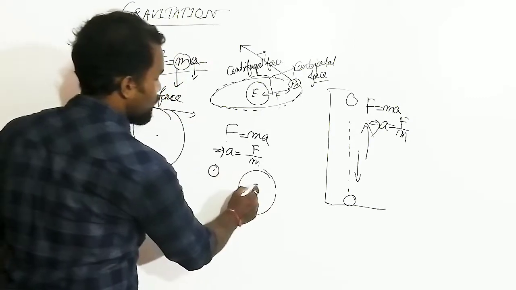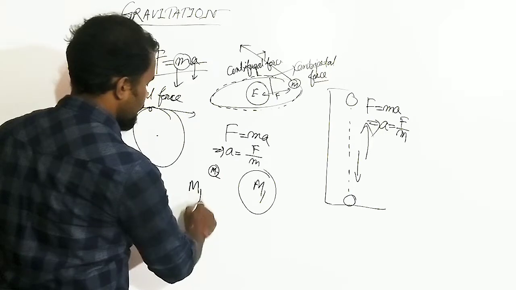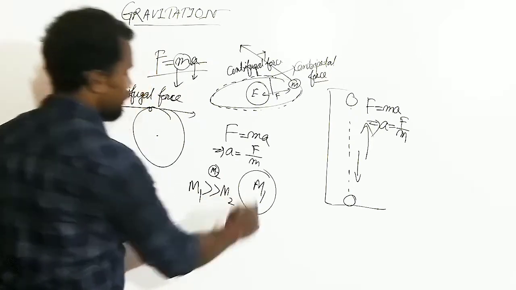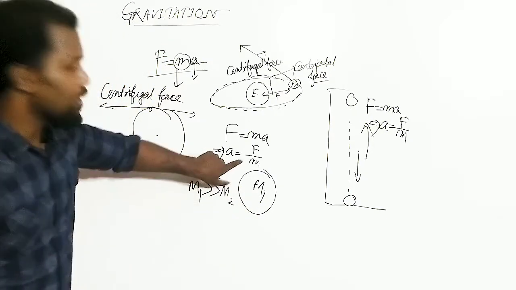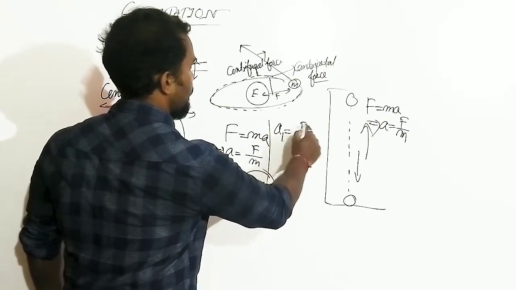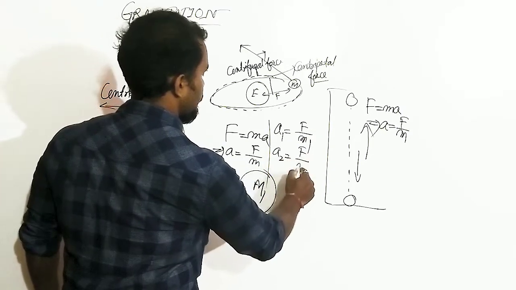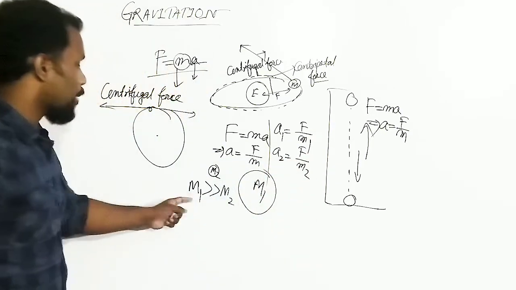Compared to this ball, Earth is going to have more mass. Here, M1, the mass of the Earth, is very much greater than M2. If we modify this equation, A1 is equal to F by M1 and A2 is equal to F by M2. Here M1 is very much greater than M2.